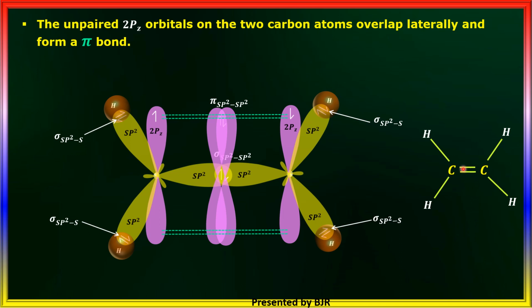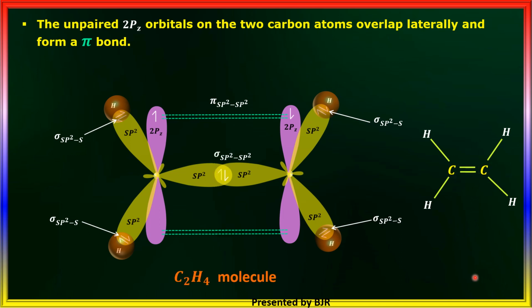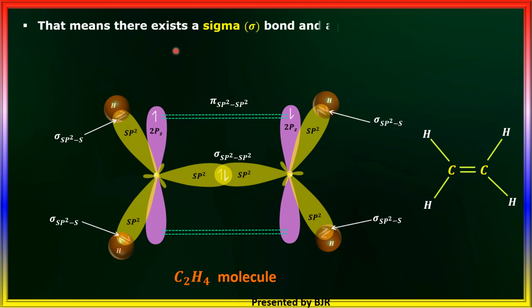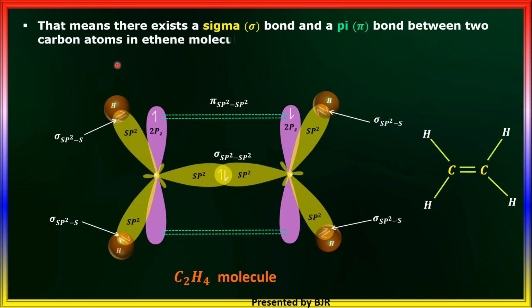So here pi bond has been formed between the two carbon atoms. Okay, C2H4 molecule, and here you can see that there exists a sigma bond and a pi bond between two carbon atoms in ethene molecule. And in this molecule, all CH bonds are identical.